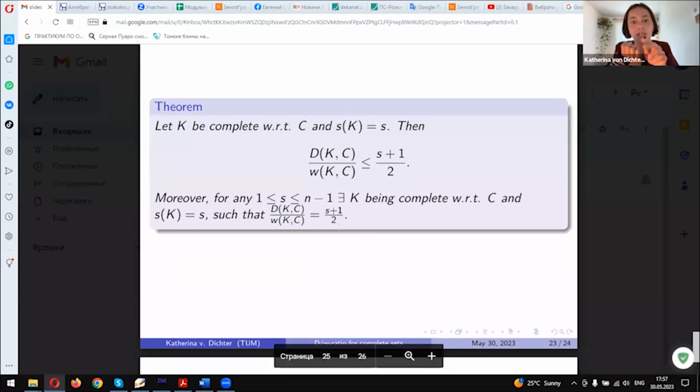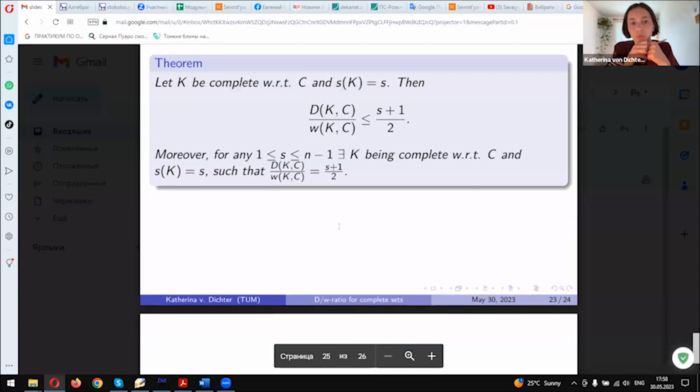So if K is symmetric, this becomes just 1, which makes sense, because if it is symmetric, then the only set you can consider is K equal to C. The biggest fraction you can get is n plus 1 over 2, which happens if and only if your set K is a simplex. This is the worst case. We have also shown that this bound is sharp, meaning that we can provide bodies, which are extreme cases, for which this ratio holds with equality.